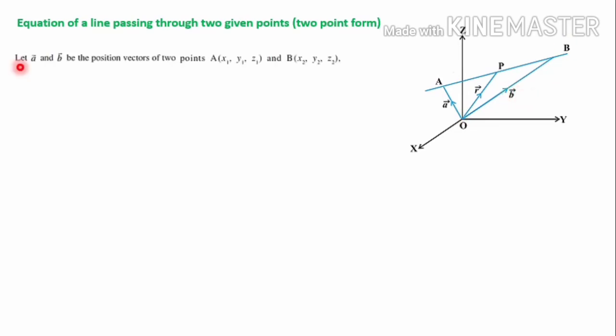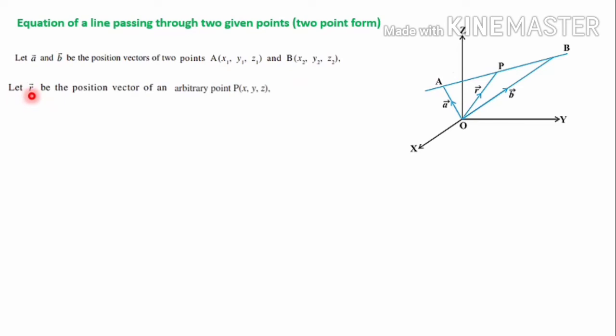Here let vector A and vector B be the position vectors of two points A (x1, y1, z1) and B (x2, y2, z2). We don't need x1, y1, z1 and x2, y2, z2 just now, because we are going to form the vector equation, so I have not marked them in the diagram. Later we will mark them, because they are useful while deriving the Cartesian form.